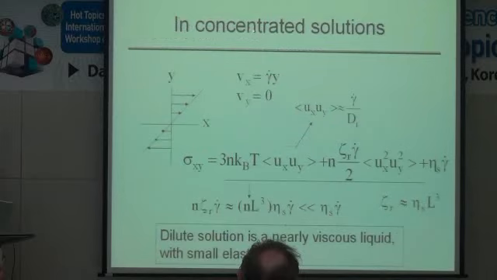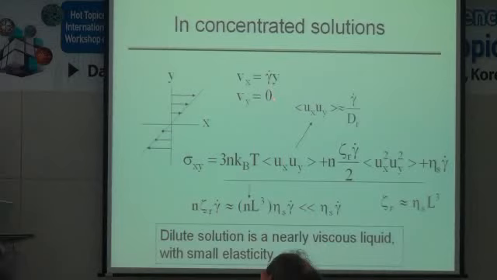So for example, in the dilute solutions, let us explicitly apply that formula to the case of the shearing flow, where the velocity is given by this formula, and gamma dot is the shear rate, which is one component of the velocity gradient tensor.